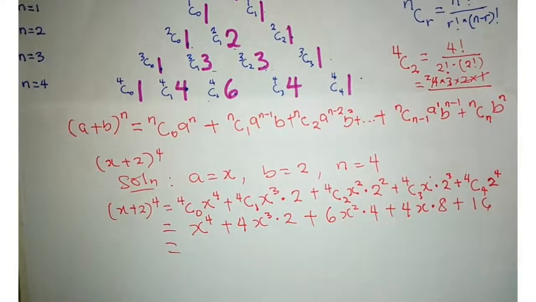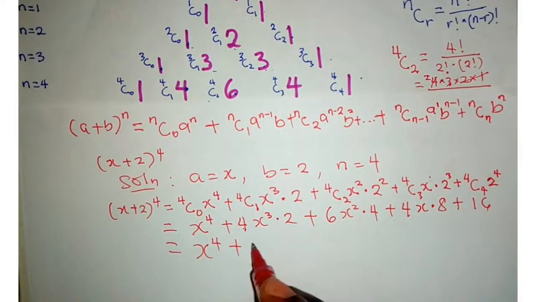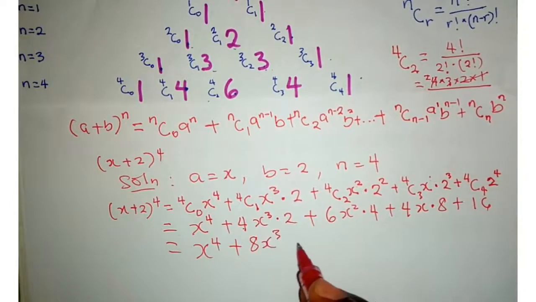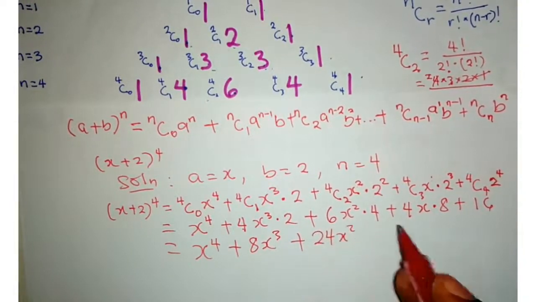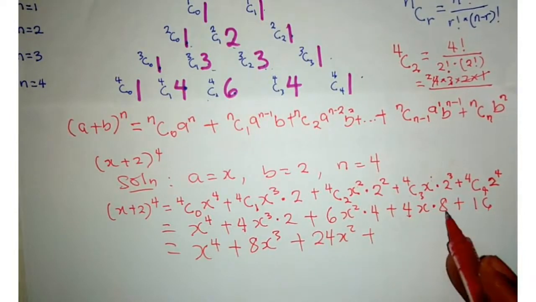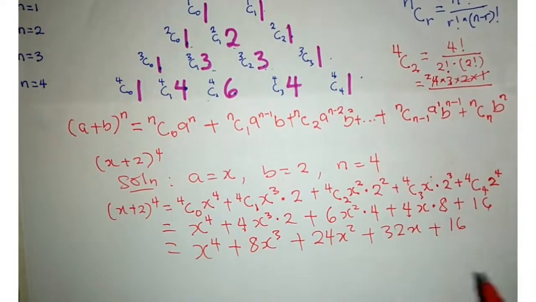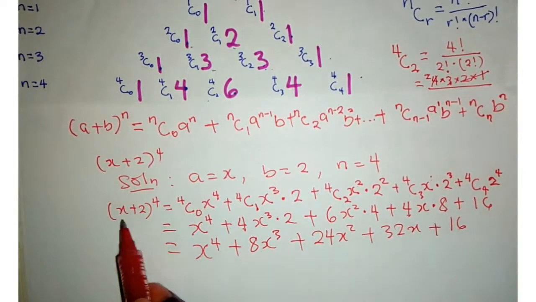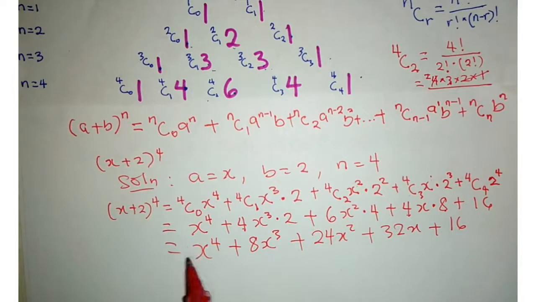So this gives us x to the power of 4 plus 4 times 2, that's 8x cubed, plus 6 times 4 is 24x squared, plus 4 times 8 gives us 32x here, plus 16. And so this is the binomial expansion of (x plus 2) to the power of 4.